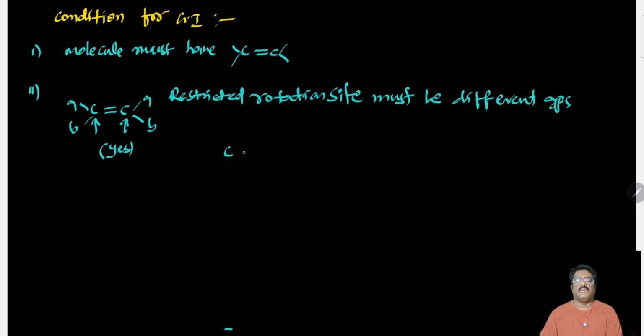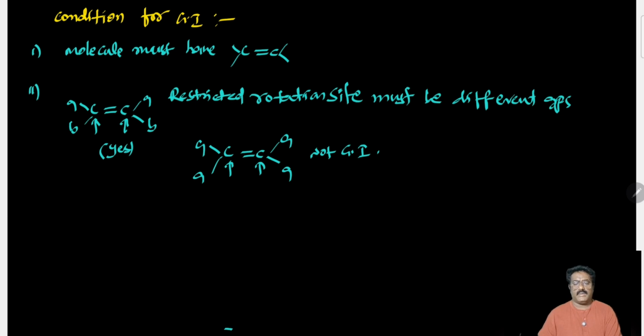If carbon is double bonded with carbon and it is AA on one side and AA on the other, this carbon has the same type of groups on each side, so it does not show geometrical isomerism.